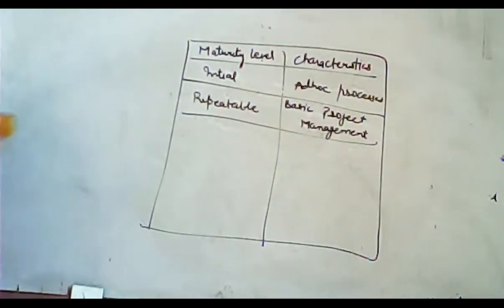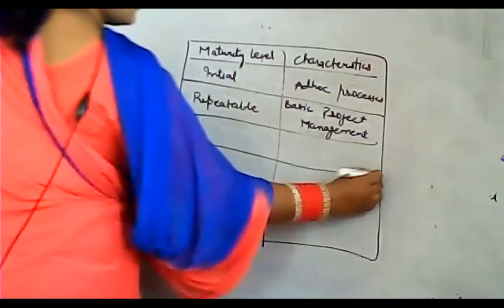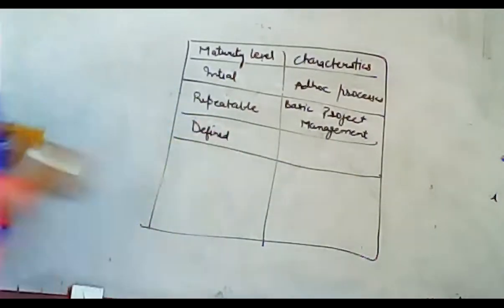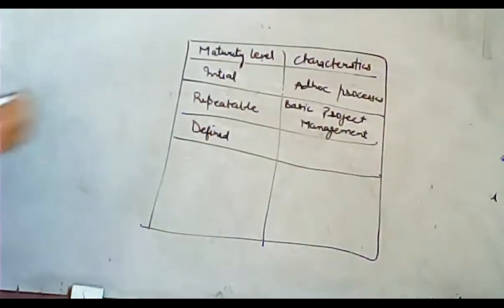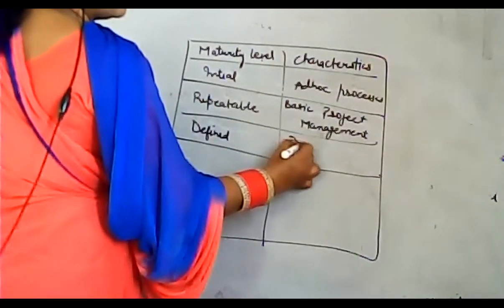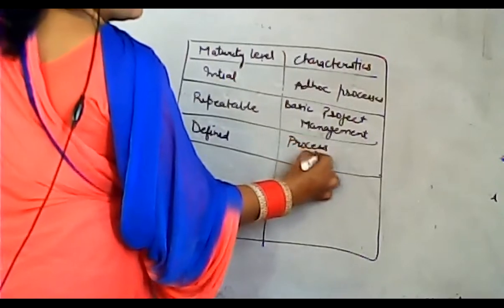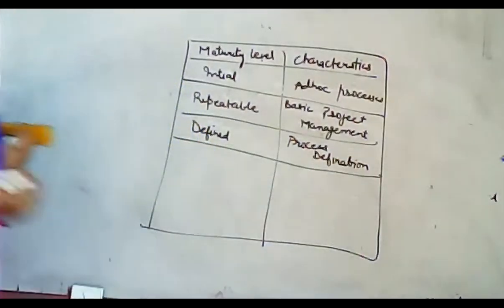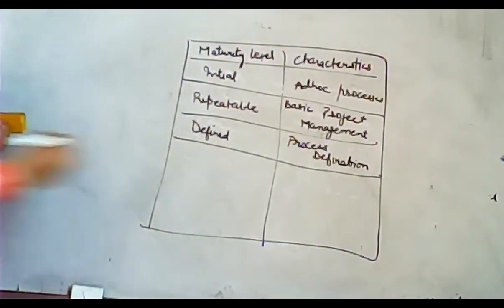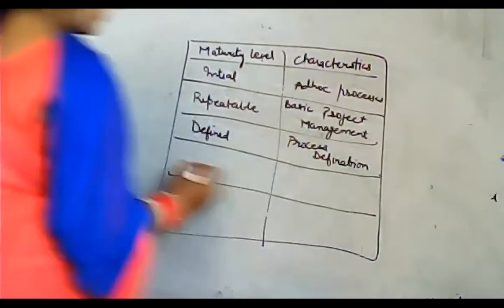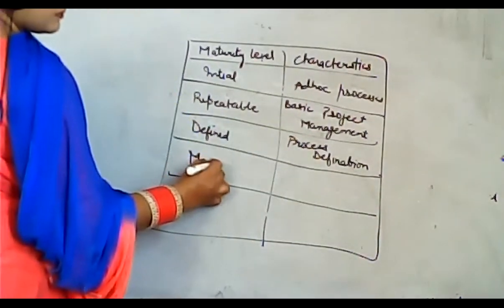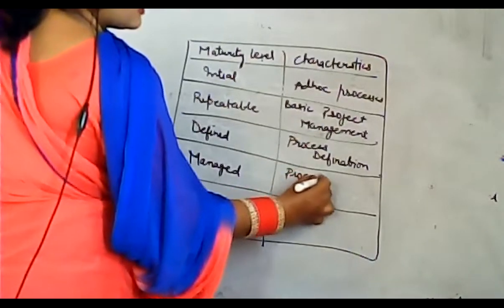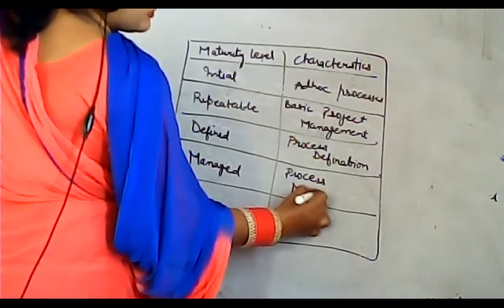Next is defined: process definition. Next is managed: process measurement.